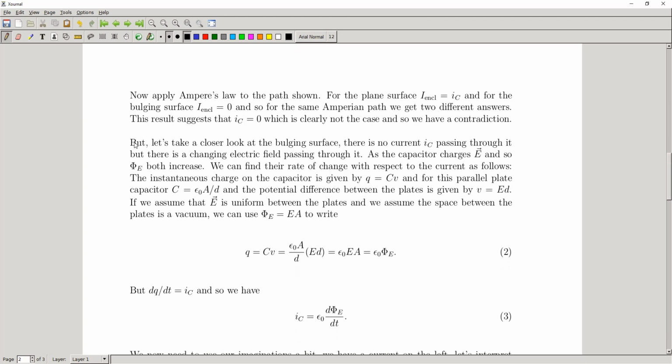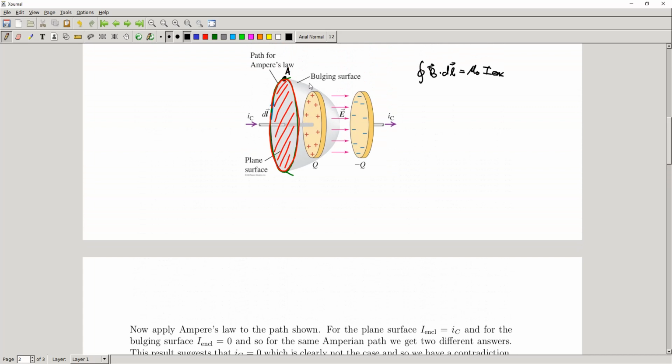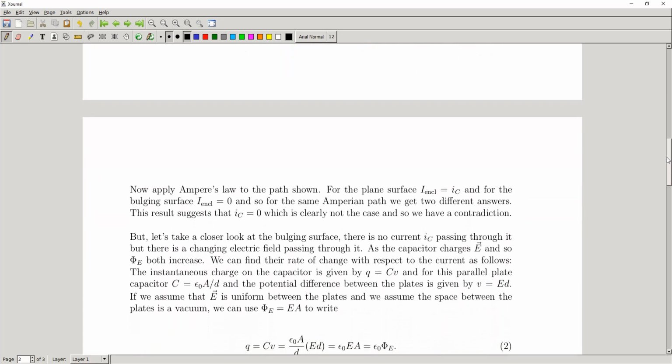So what we want to do is take a closer look at this bulging surface, right? The surface that we're looking at here, this bowl-shaped thing, and note that there is no IC passing through it. We have no conduction current going through the bowl. But what we do have going through the bowl is an electric field that's changing in time, right?